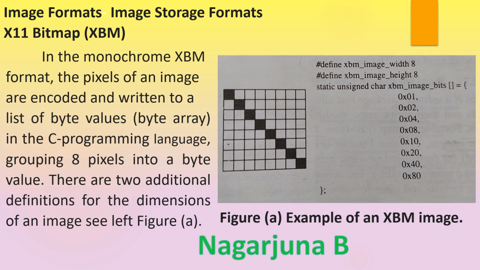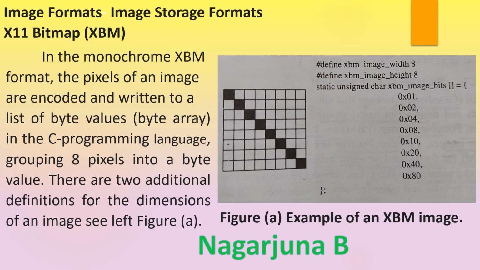And static unsigned char xbm_image_bits[] equals, within the braces we have written 8 pixels. One of them is 0x01 and the second one is 0x02.